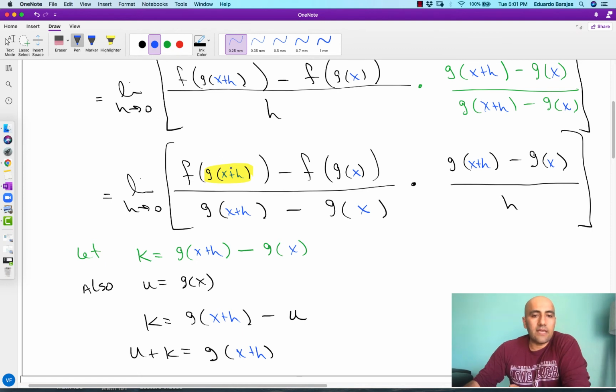Let's replace it with a u plus k. And then this guy, well, we just said the u is the g of x. And then in the denominator, this whole thing was equal to k. So this whole denominator is going to be equal to k.